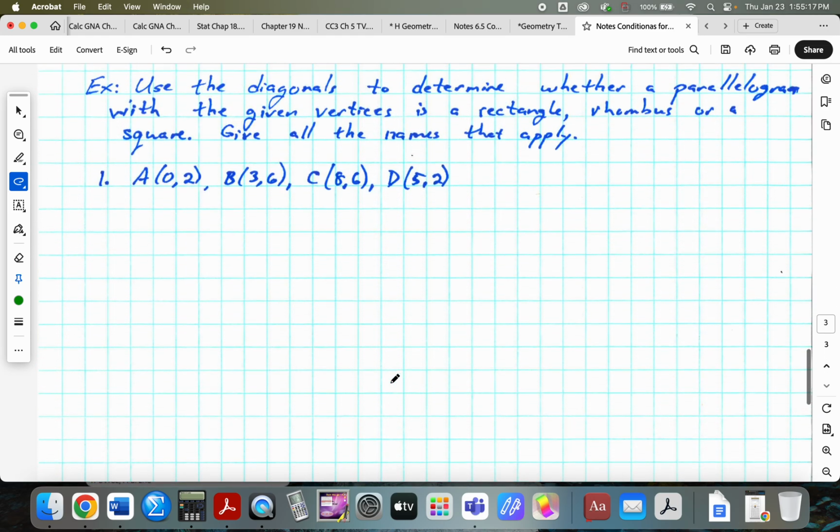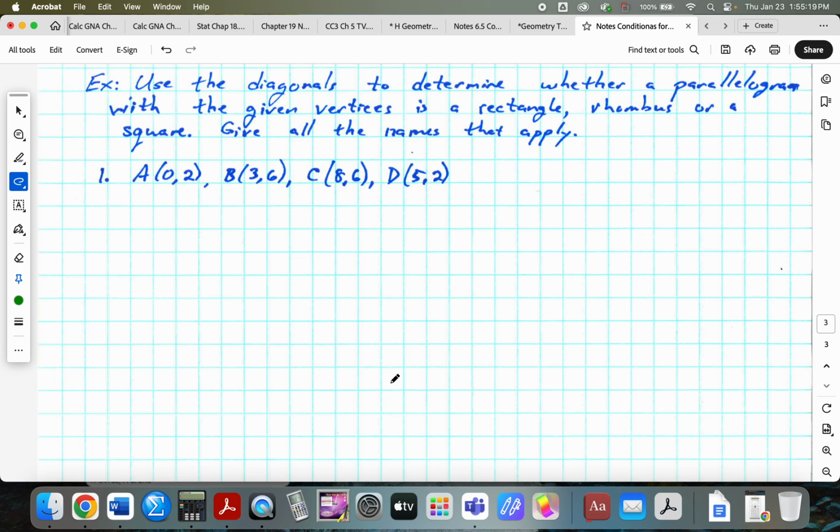All right, page 3. Use the diagonals to determine whether a parallelogram with the given vertices is a rectangle, rhombus, or a square. Give all the names that apply. Notice it told us that it's a parallelogram, so we're not going to have to do that first.